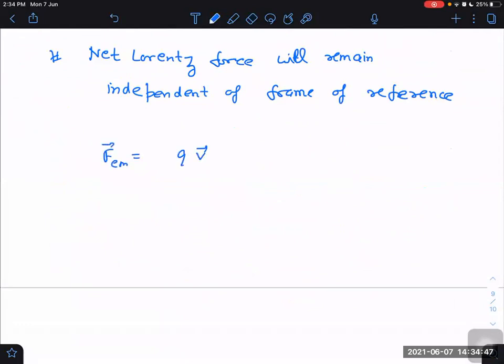Q into the velocity of the particle, QE plus QV cross B. Q is constant only, charges are invariant, so indirectly I am saying that what will remain constant? This second term, the one in product with Q. E plus V cross B will remain constant.